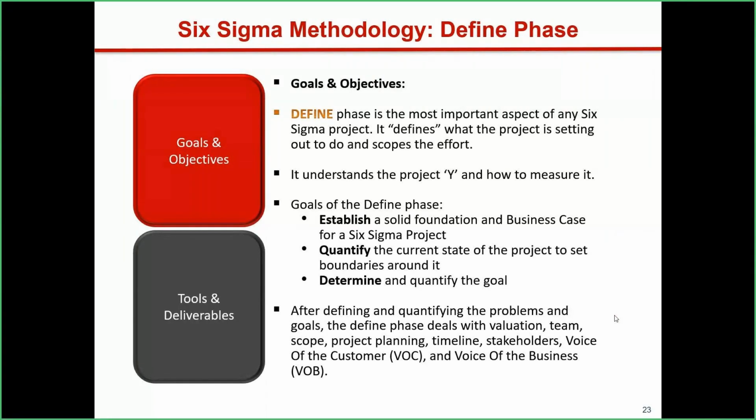Guys, we need to understand one thing, that we are going to run a project to improve something, and that will require resources in terms of human effort, in terms of time, in terms of space, and that all has to be approved by the management. For that, you have to prepare a business case, a business project. You have to quantify it. You have to determine the goals.